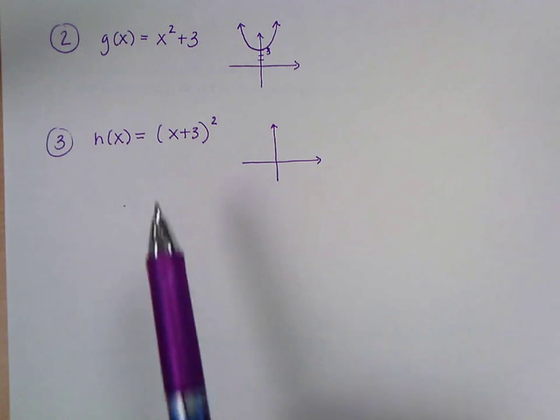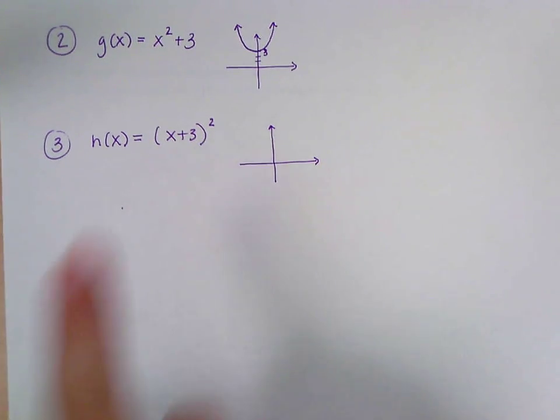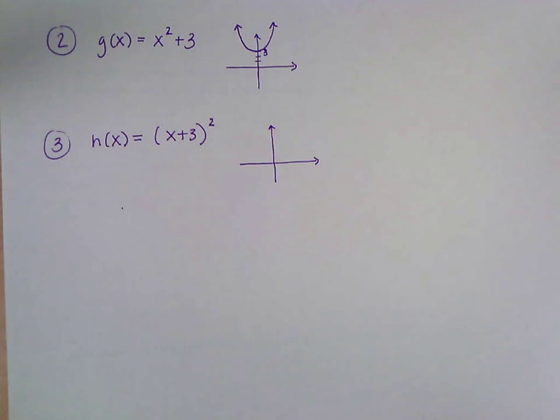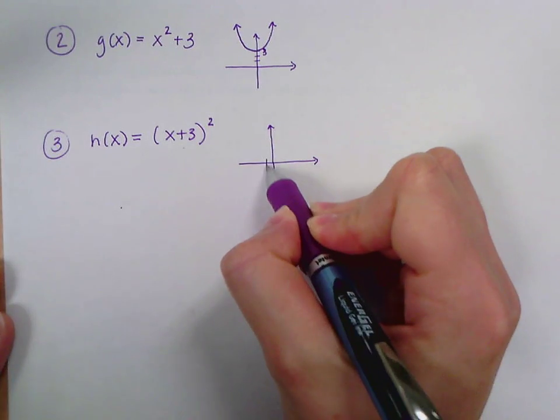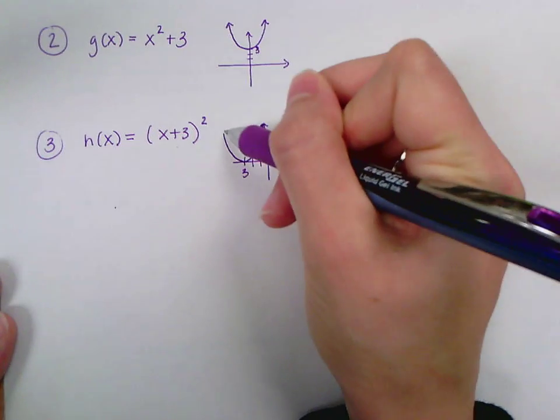So anything that is happening inside with the x is going to be a horizontal transformation of some sort. If there's a number being added to or subtracted from x, in this case inside that quantity squared, it's going to be a horizontal translation, left or right. And horizontal things always are the opposite of what you think they should be. This looks like it should go to the right, it goes to the left. So now the vertex would be at (-3, 0).